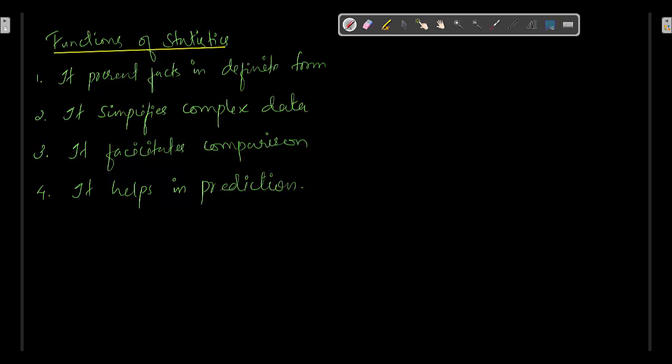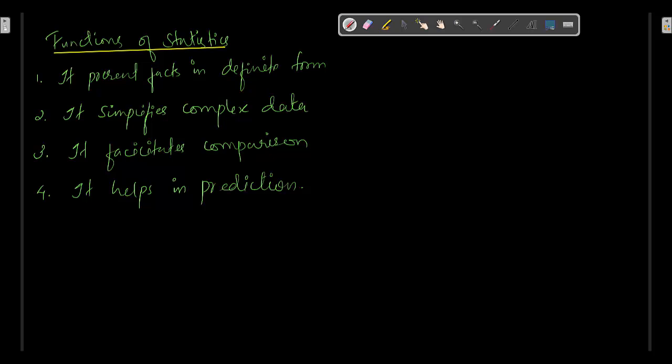For example, the statement that literacy rate in India has improved over the years is justified by considering the time series of literacy rate in India over a specific period of time. How do you know that the literacy rate of India has improved? Because there is data stored in a time series, and if you compare the data of the previous 10 years with that of today, you will know that the literacy rate of India has improved. That is how it facilitates comparison.